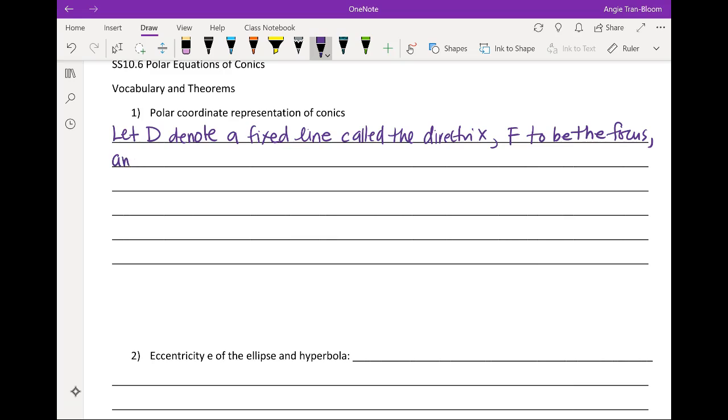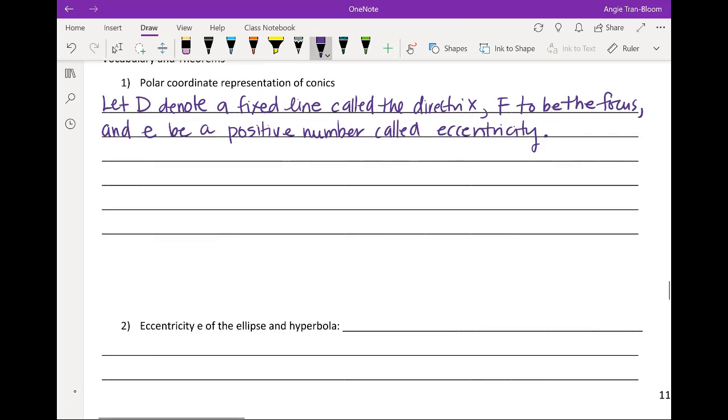And little e be a positive number called eccentricity. So these are the 3 variables we are using. Ready? I'm just defining variables, don't be scared. You already know what the directrix is. You already know what the focus is. The only new thing is your eccentricity.